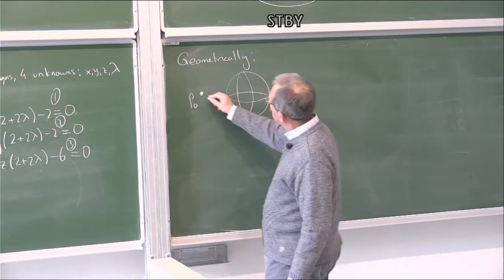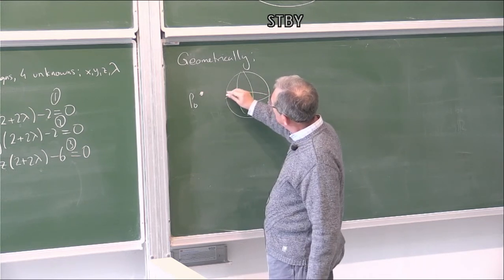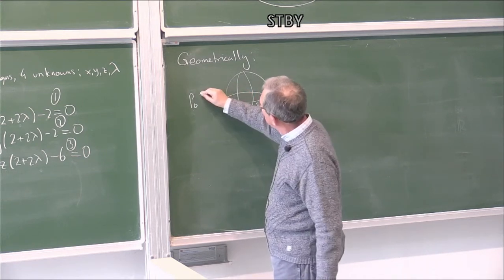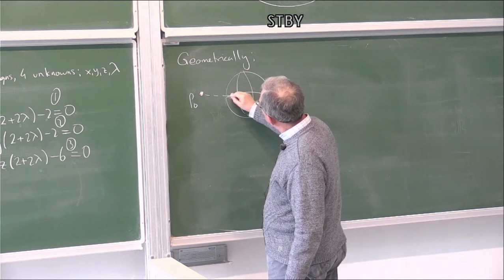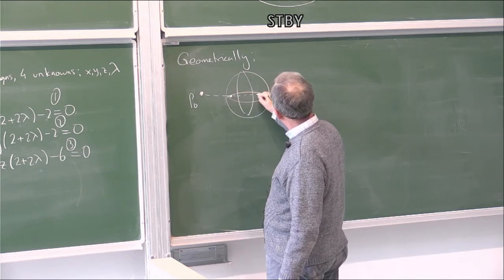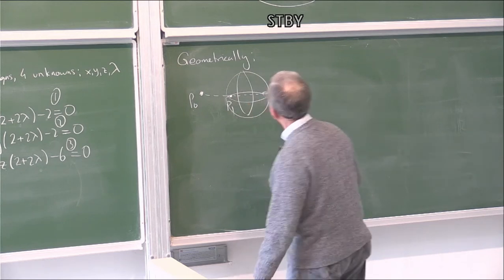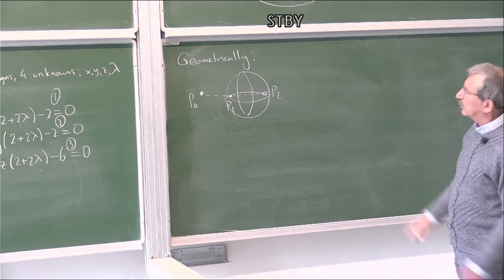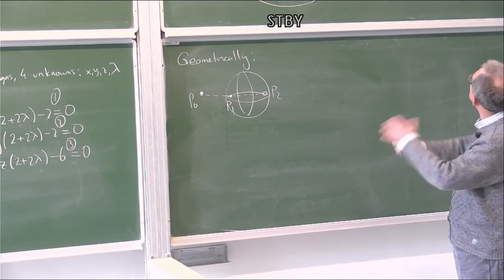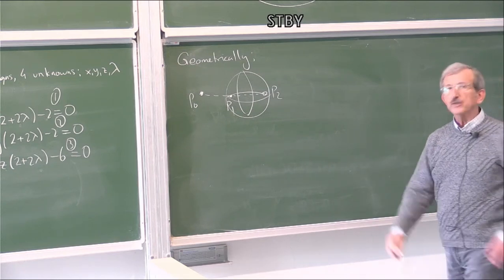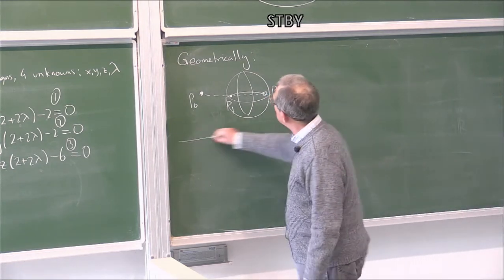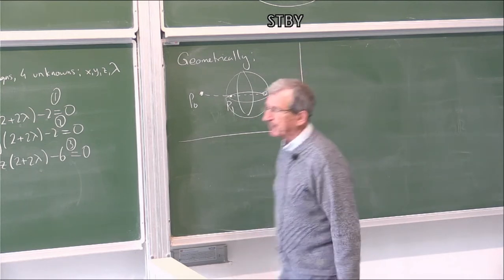If you draw a perpendicular to this surface from here, you will find one point, and if you continue, you will find another point. One of them is P1, the other one is P2. So one gives the biggest distance, the other gives the shortest distance. You just have to try them in place.